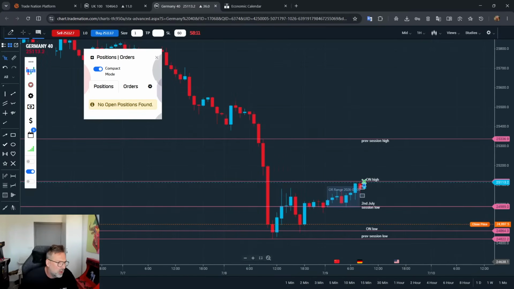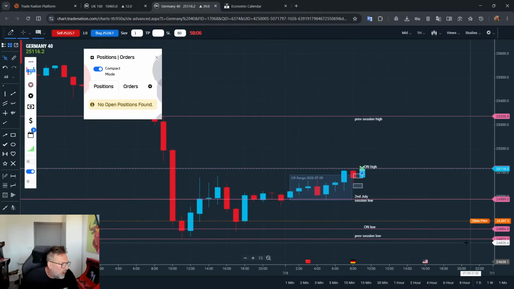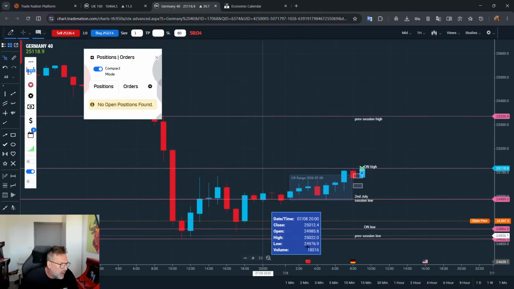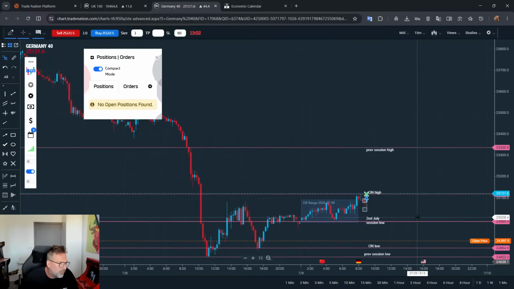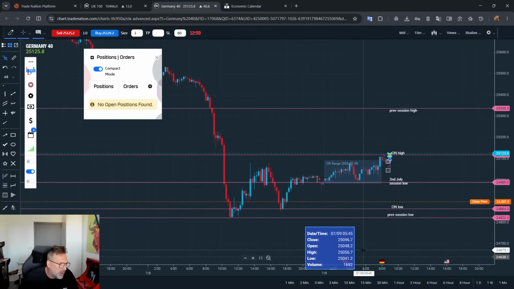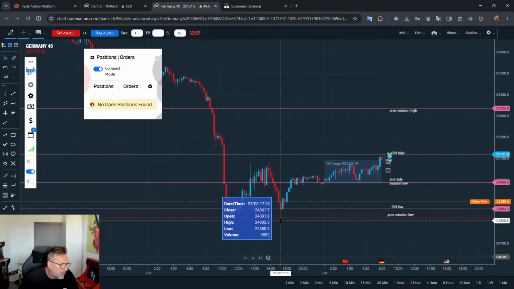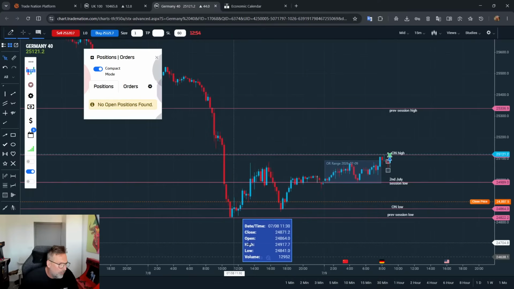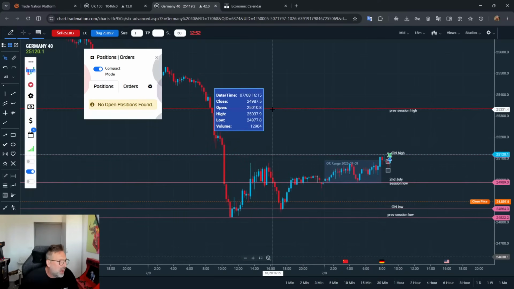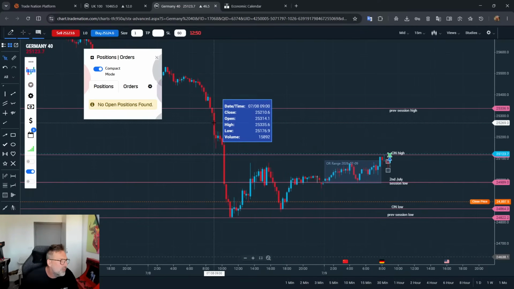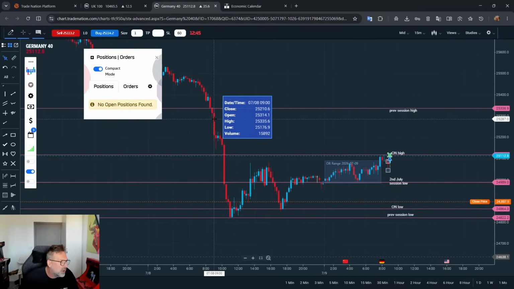And what I did here, maybe I can see a little better. I marked the previous session high. So here's, on a 15-minute chart, the opening candle. The high of that came in at, not roughly, but at exactly 25,335.6.